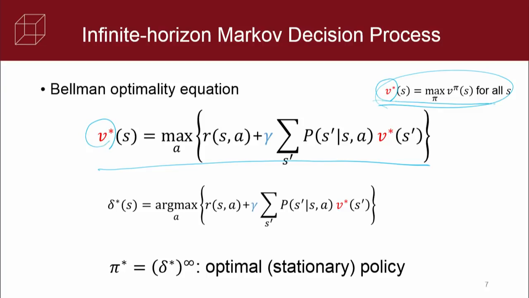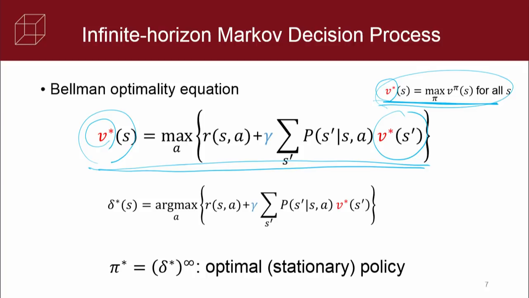So instead of using this one, by using the Bellman optimality equations, you can obtain the optimal value function V star. So the V star on the left-hand side is equal to V star on the right-hand side.